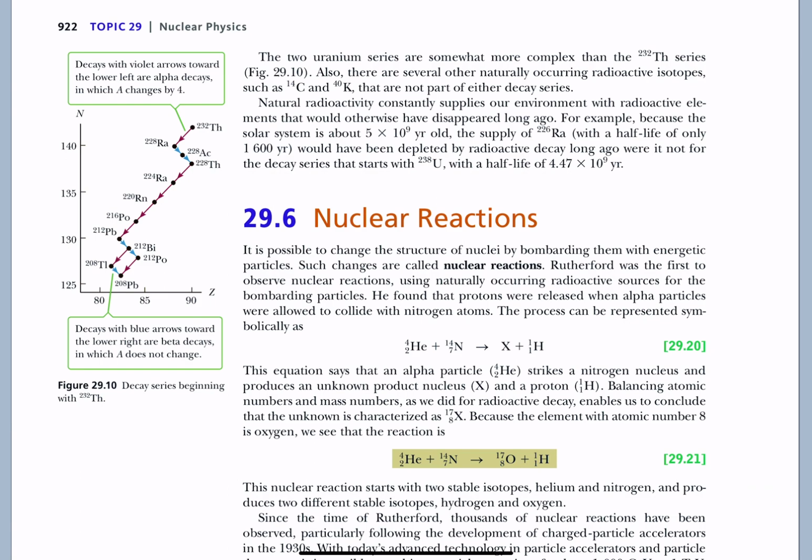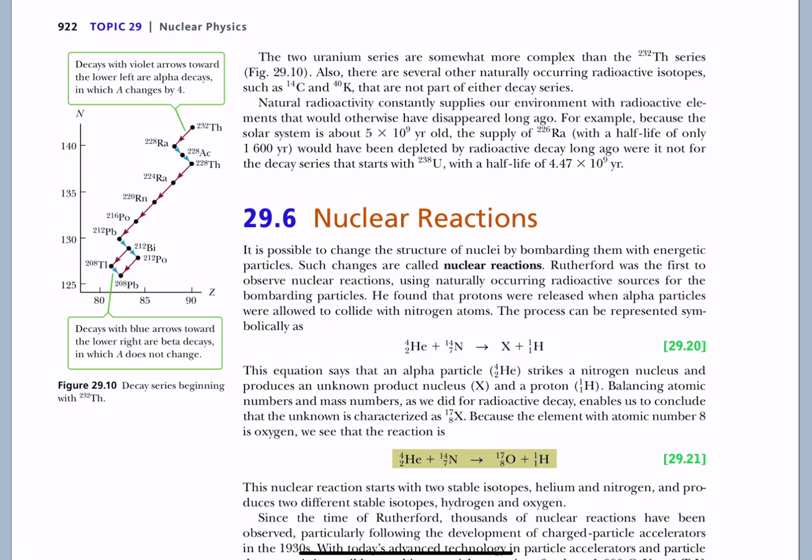But when you go to a beta particle, since you have a neutron turning into a proton, you go up 1 block on the periodic table. So you go from element 89 up to element 90. And then if you do an alpha and an alpha and an alpha, you lose 2 protons and 2 protons and 2 protons, till you're down to lead-212. And then you can do a beta-beta and become polonium-212. Or you can do a beta-alpha and become thallium-208. But in either case, you're going to end up with lead-208, and then your decay series stops.